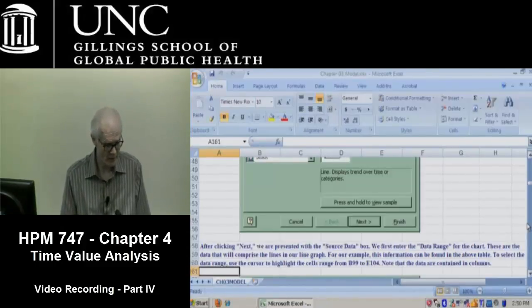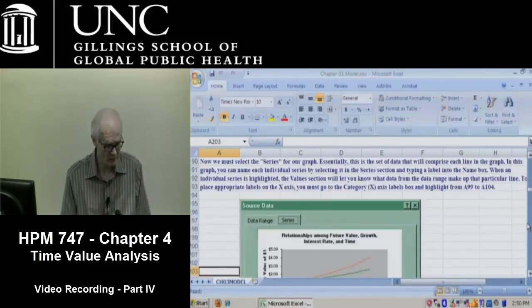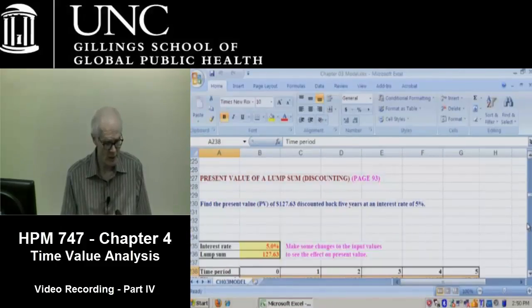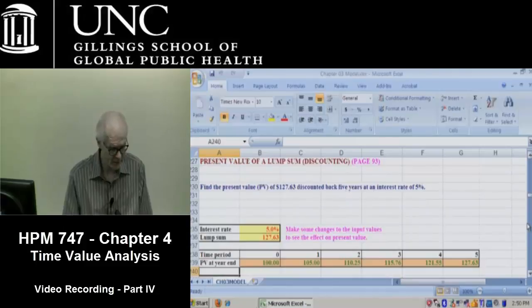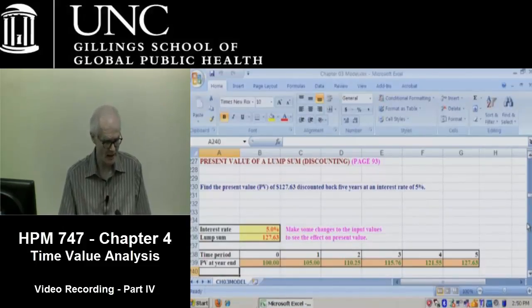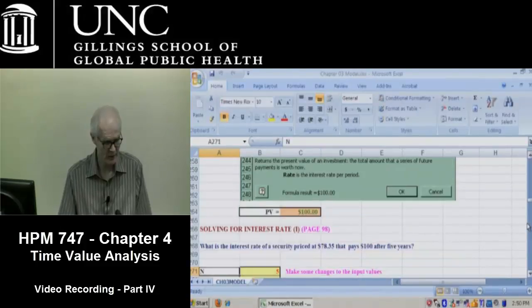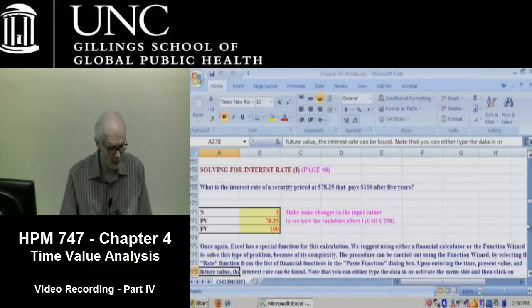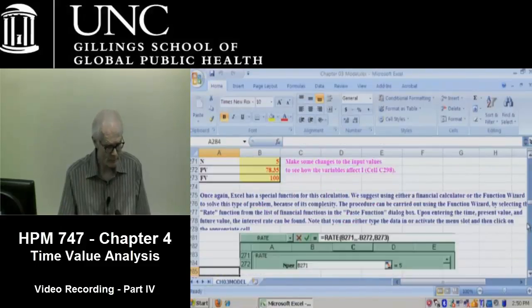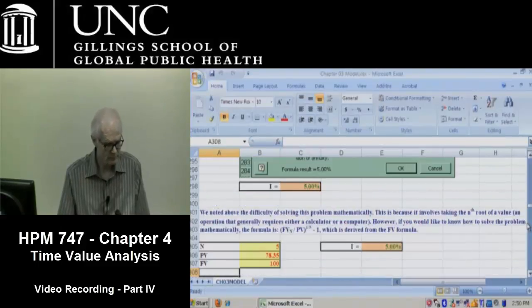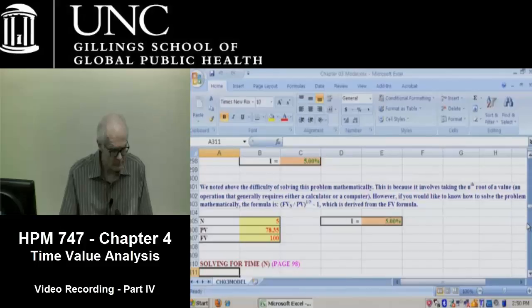There are all the other models that we talked about in here as well. The present value of a lump sum, again, the formula. Lou tends to take them by year and add them all up later. I tend to use just the formula. You can solve for the interest rates using the rate formula. And solve for time.